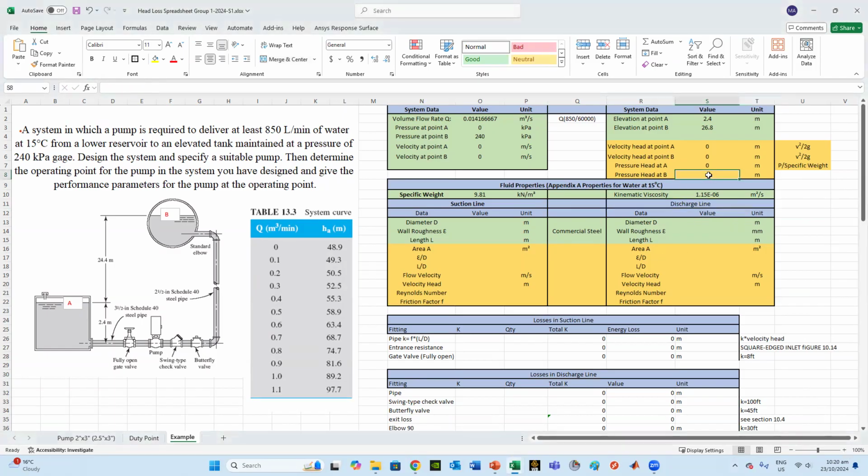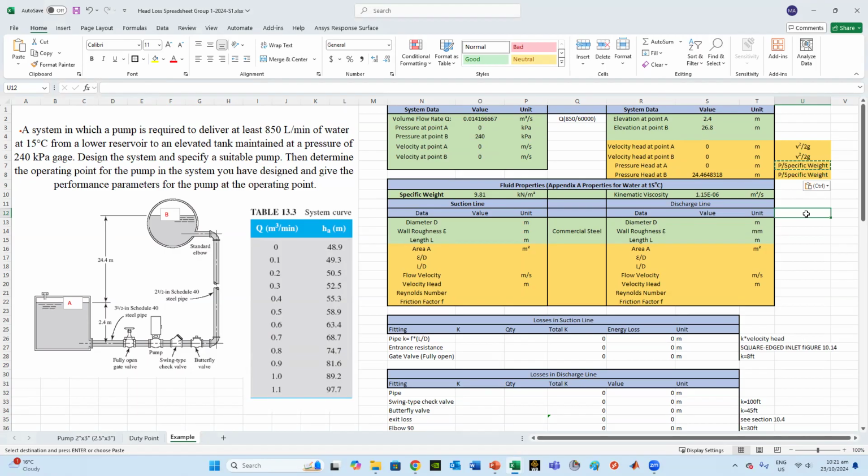To solve this equation, I say equals 240 divided by the specific weight, which is gamma, and then you can see the number gives me this value. So that will be here again: if the pressure is 0, divided by the specific weight, it is 0.